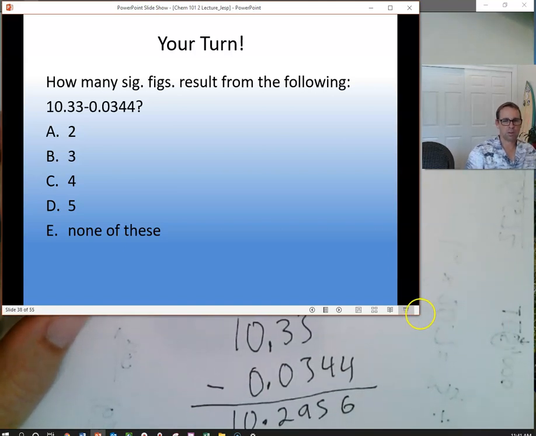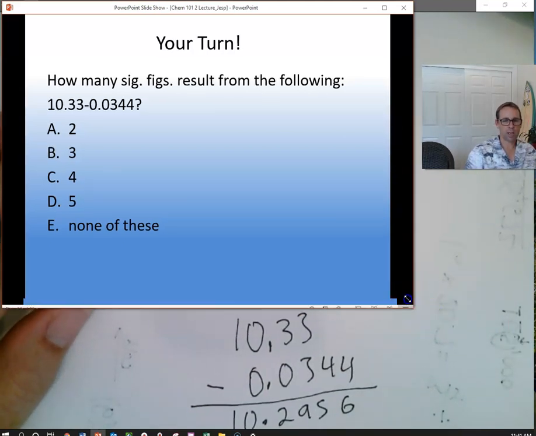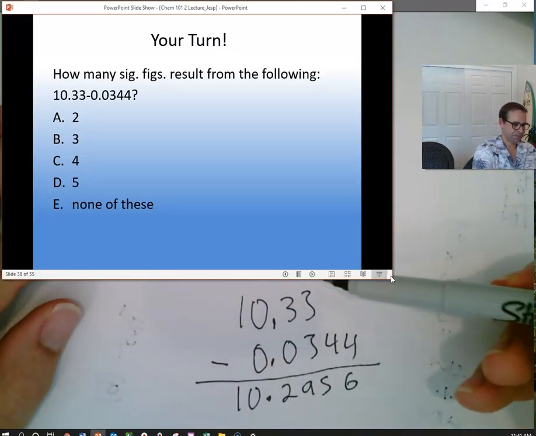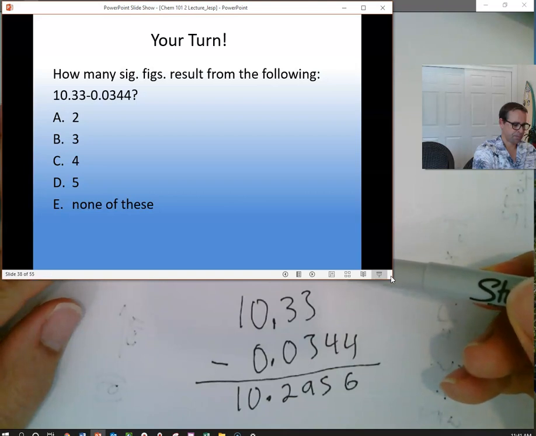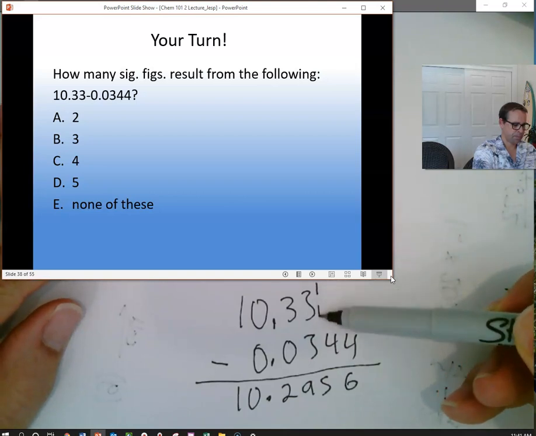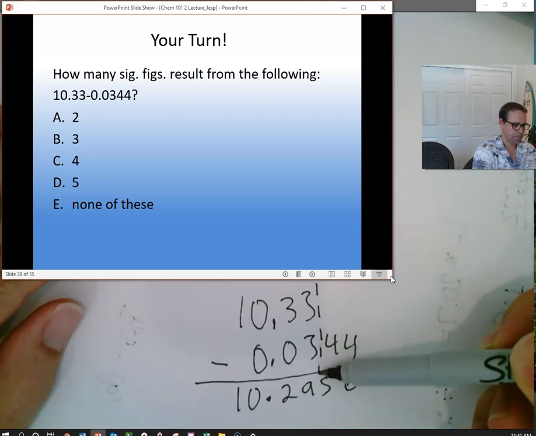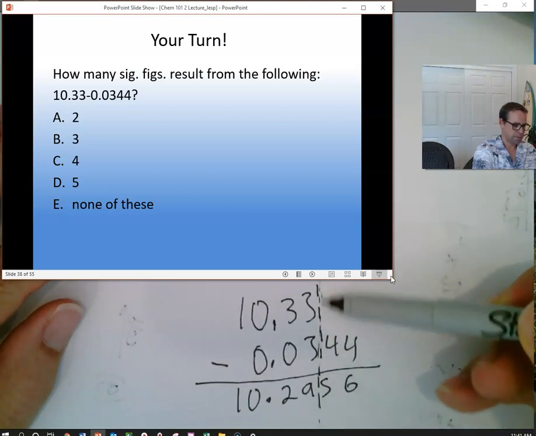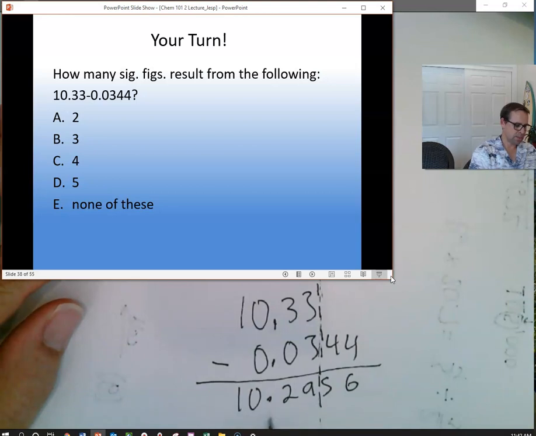10.2956. Now, where is it that I cut off my significant figures? Right there? So it's 10 point what? What am I going to write? 10.29, but the 5 means what?